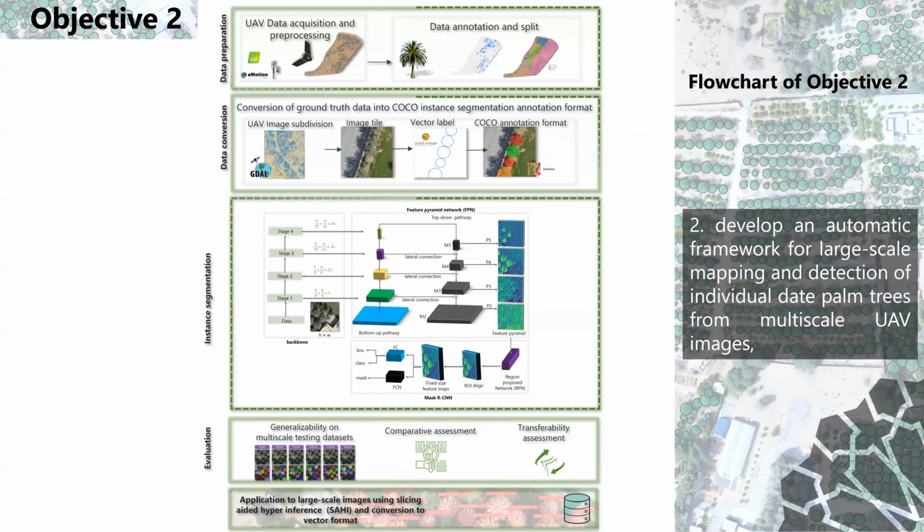And Mask R-CNN based on a Swin Transformer and feature pyramid network was utilized. The generalizability of the model was evaluated. And we have also utilized and improved a vision library called Slicing Aided Hyper Inference to perform inference on large scale images and convert the result into vector format.